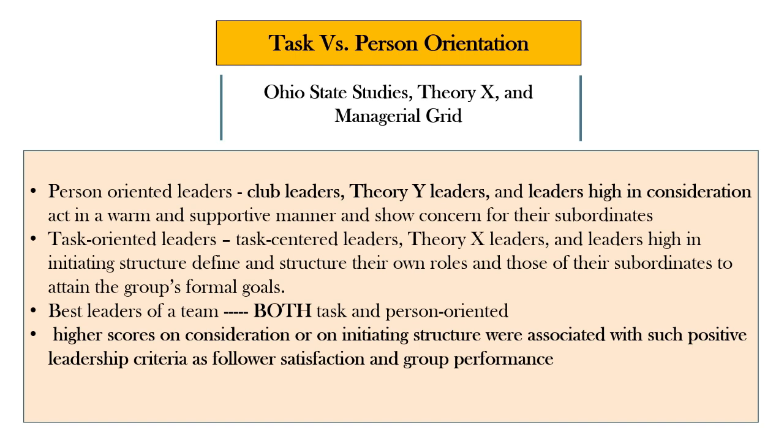Person-oriented leaders, such as country club leaders, Theory Y leaders, and leaders high in consideration, act in a warm and supportive manner and show concern for their subordinates. Person-oriented leaders believe that employees are intrinsically motivated, seek responsibility, are self-controlled, and do not necessarily dislike work.